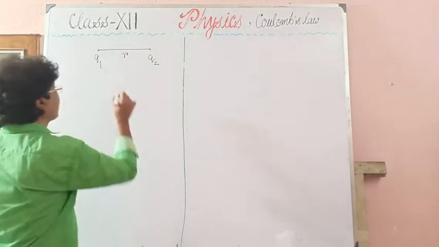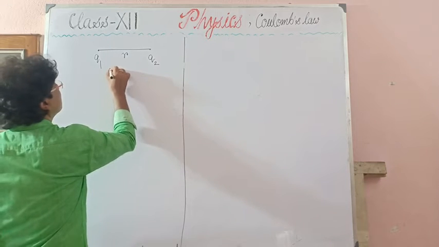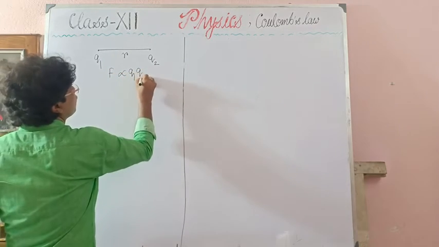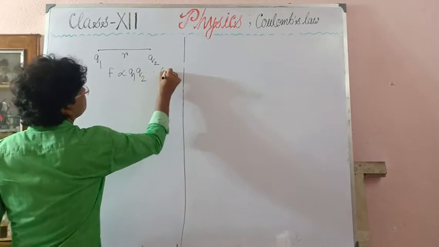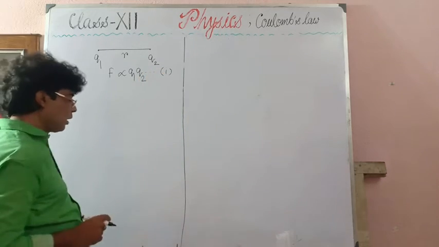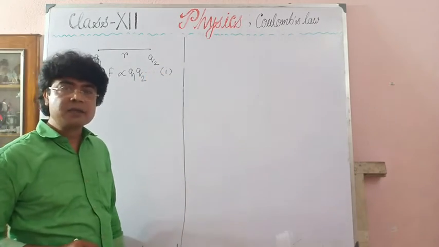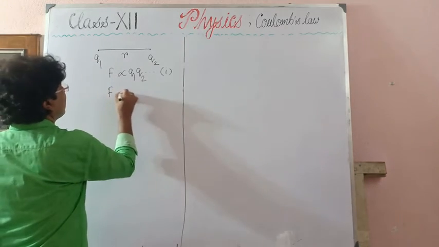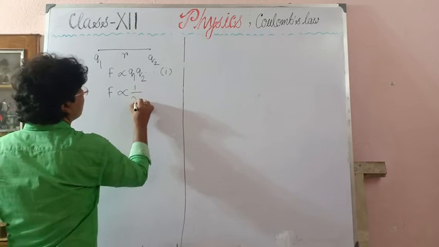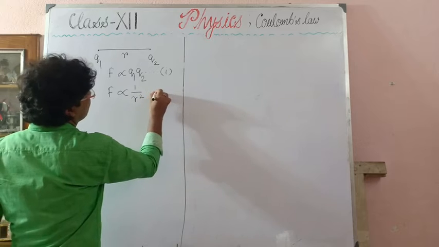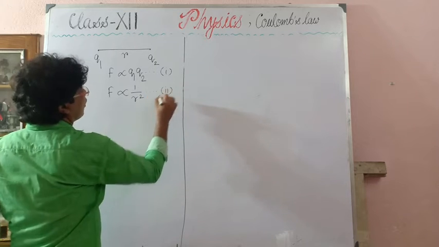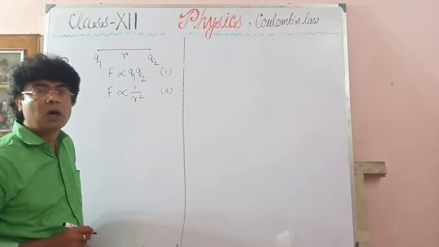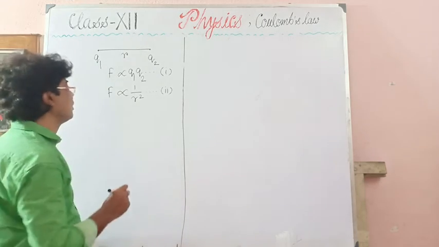Now, according to Coulomb's law, we can write F varies as Q1 Q2 when r is constant, and F varies as 1 by r square when Q1 Q2 are constant.